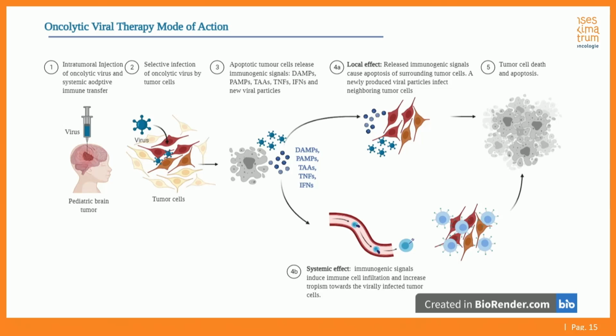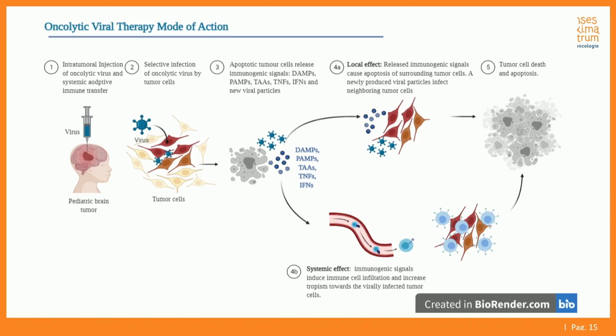Another modality of immunotherapy are the oncolytic viruses, and this is also a therapy that is emerging in the last years also for our population, and that is you inject the virus directly into the tumor cells.